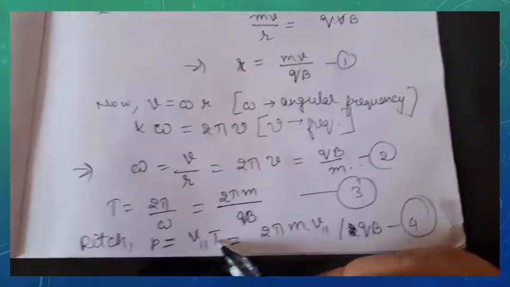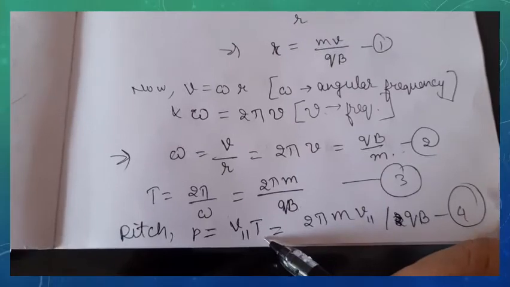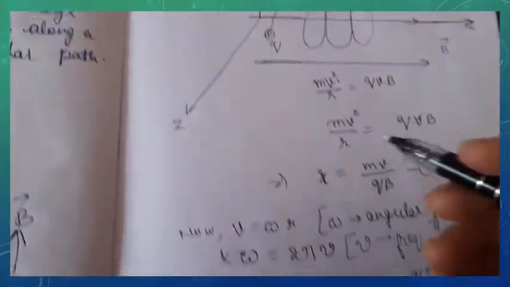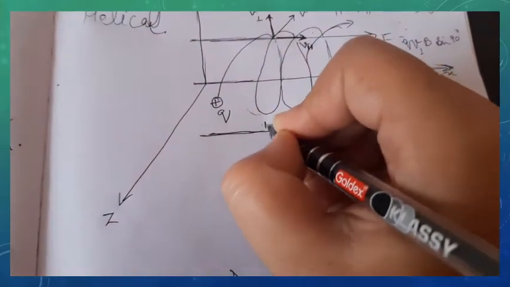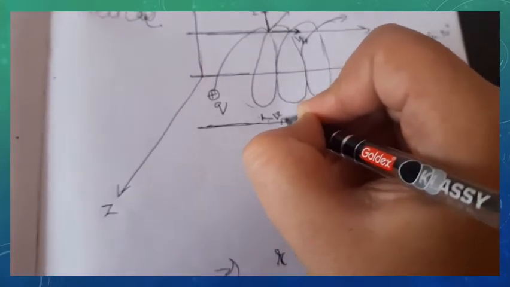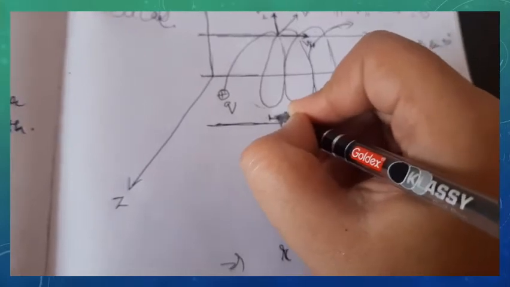Then pitch. Pitch is the horizontal distance moved by the charge when one circular path is completed. This is the distance known as pitch. It is given by v parallel into time period T. Why?